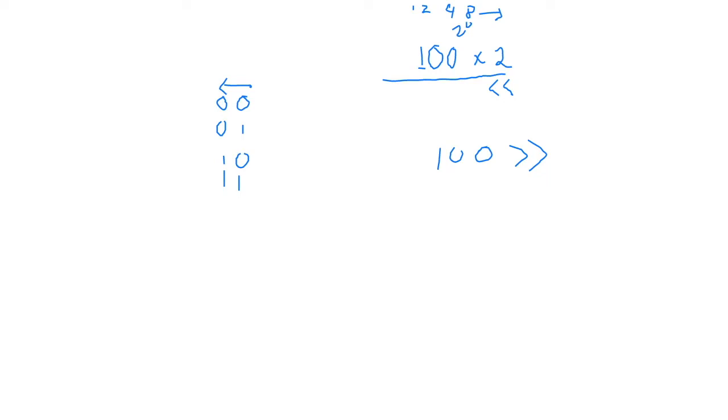Now if we shift to the right, we get rid of the 0, it becomes division, because now we had 4, now we are with 2, and then if I shift it again to the right, it becomes a 1, so it's division by 2.